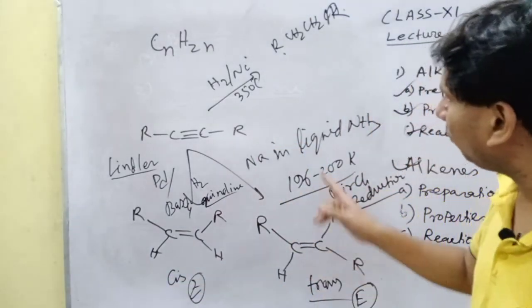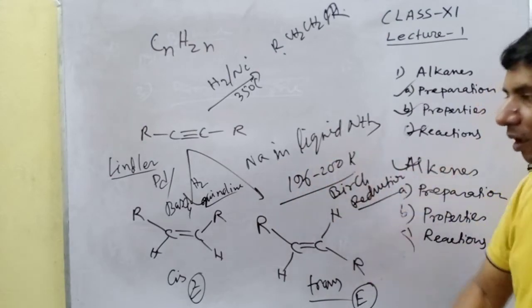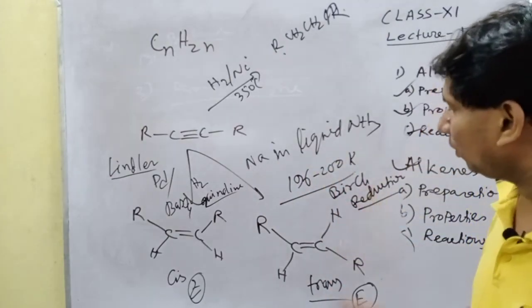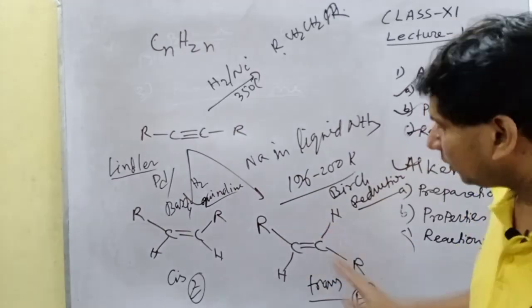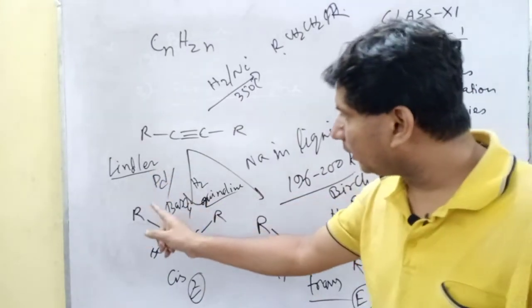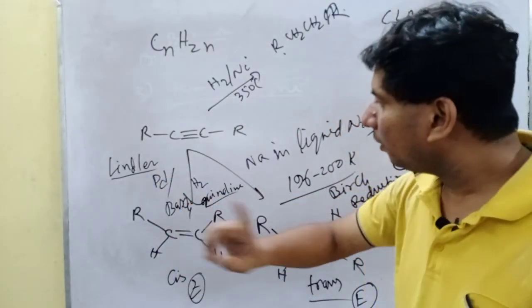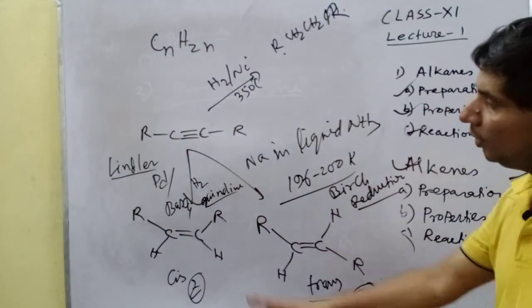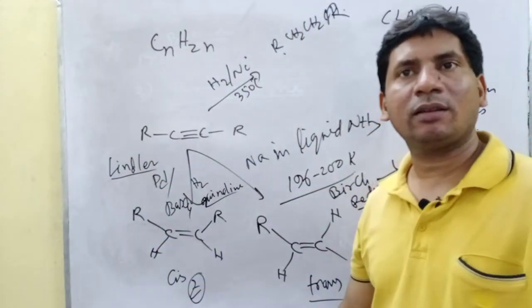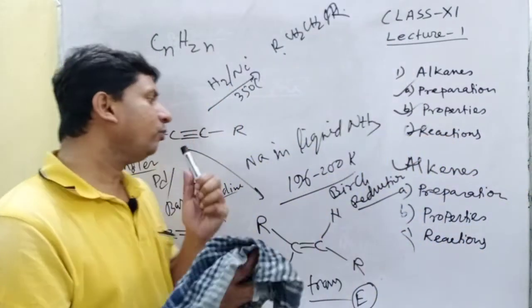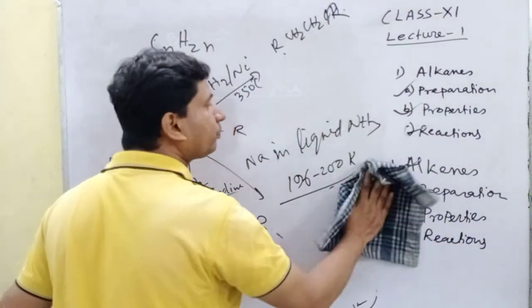But in the presence of sodium in liquid ammonia in this temperature range, Birch reduction, we get the trans product, and in the presence of Lindlar catalyst, that is palladium, barium sulfate, hydrogen in quinoline, we get the cis product. Very important. In this way, so many reactions are there.